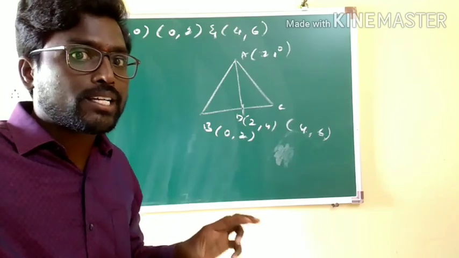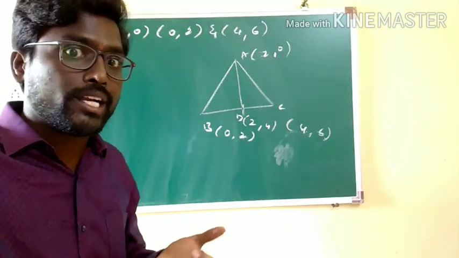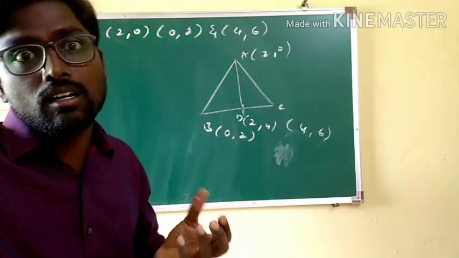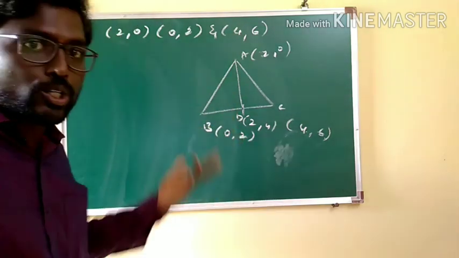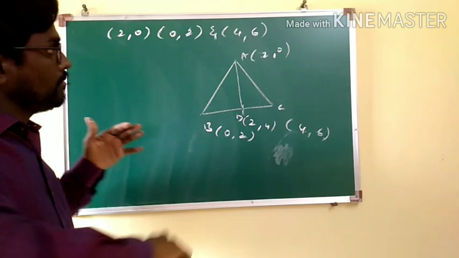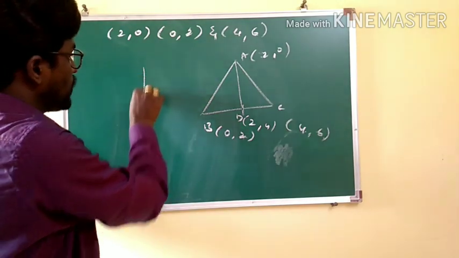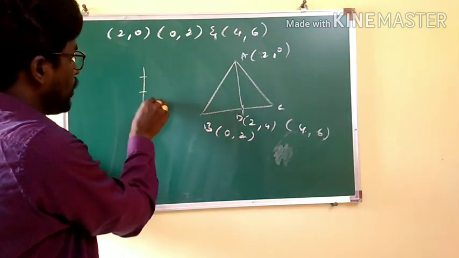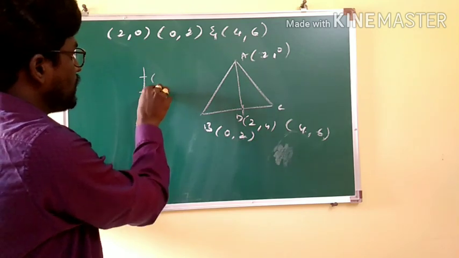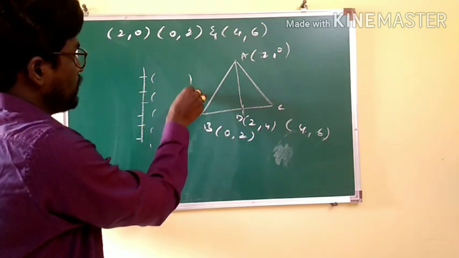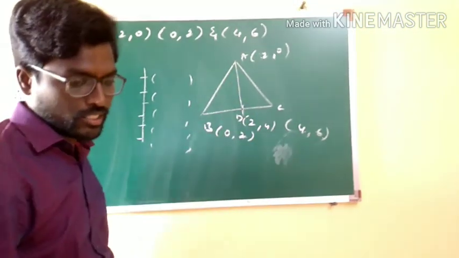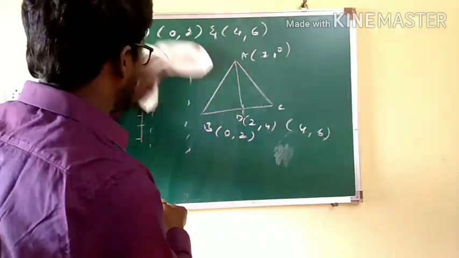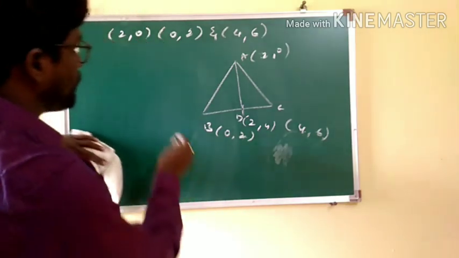Since x coordinates are equal with different y coordinates, what do we call that particular line equation? That is x equal to 2, since in a vertical line, all the points will have the same x coordinate with different y coordinates. Therefore, the equation of one median, that is AD, is going to be x equal to 2.